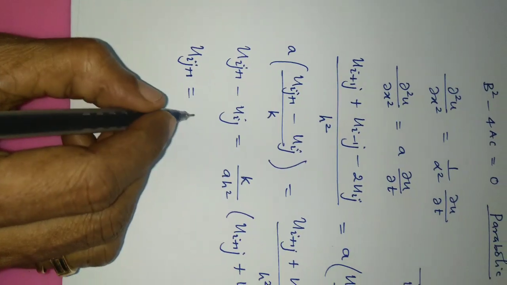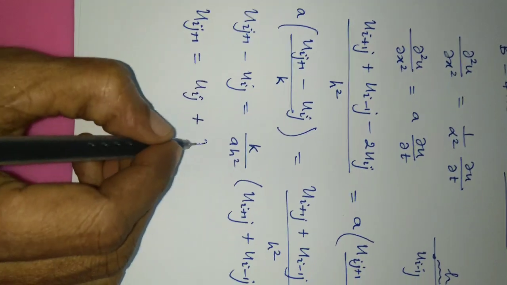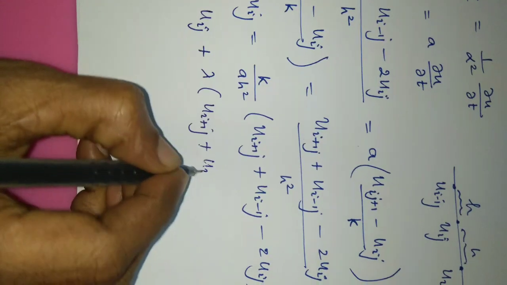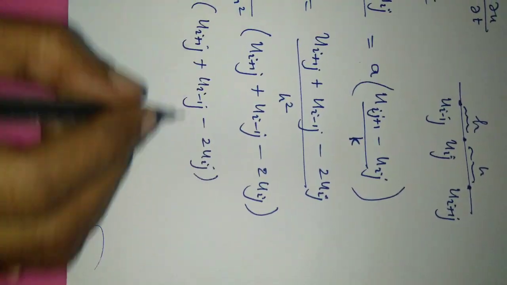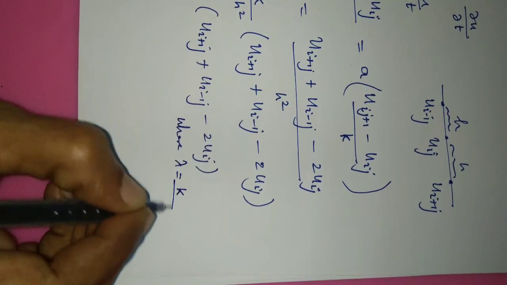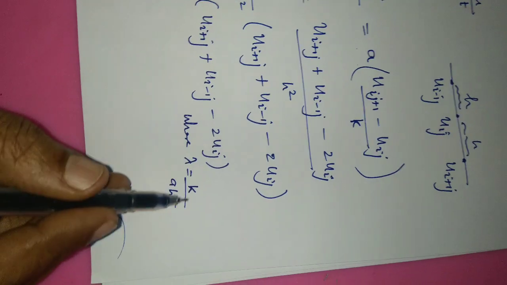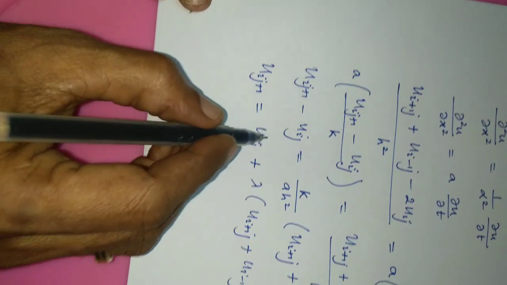Okay, so u(i,j+1) equal to u(i,j) plus λ times (u(i+1,j) plus u(i-1,j) minus 2u(i,j)), where λ equal to k by A h². So I am taking this entire constant k by A h² as λ.